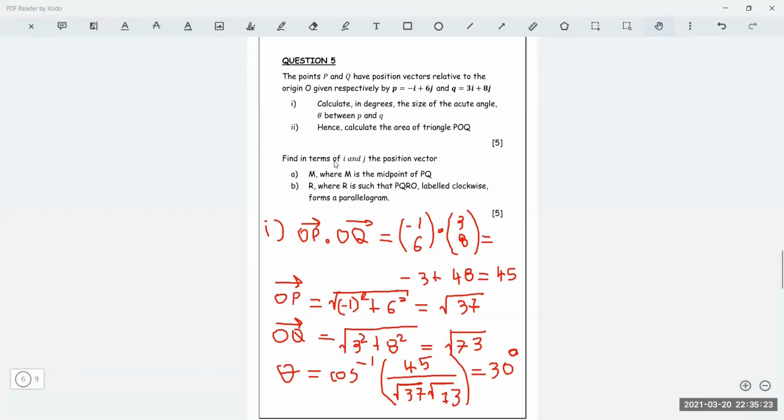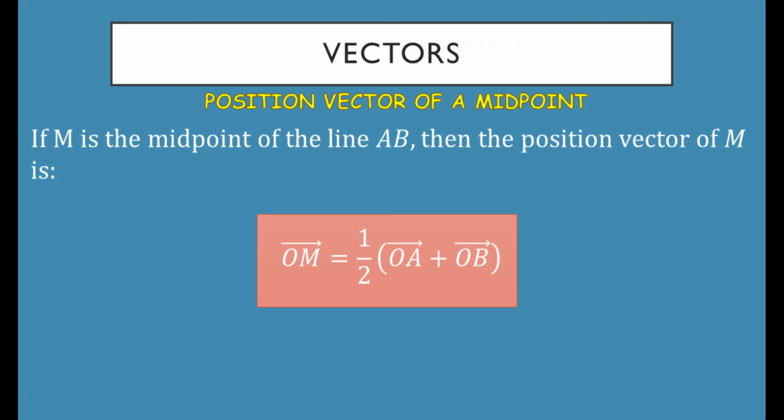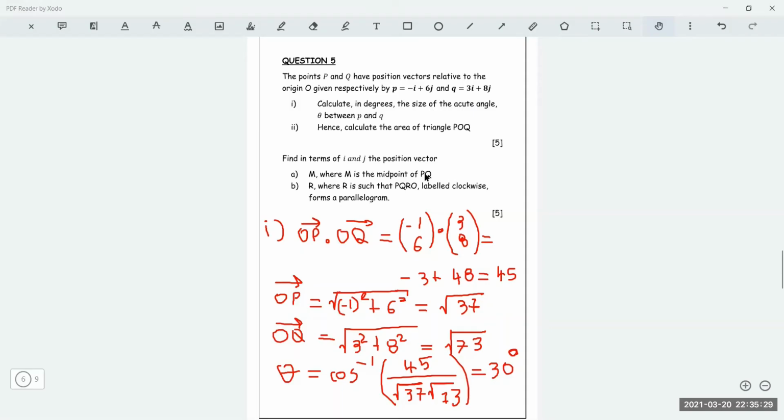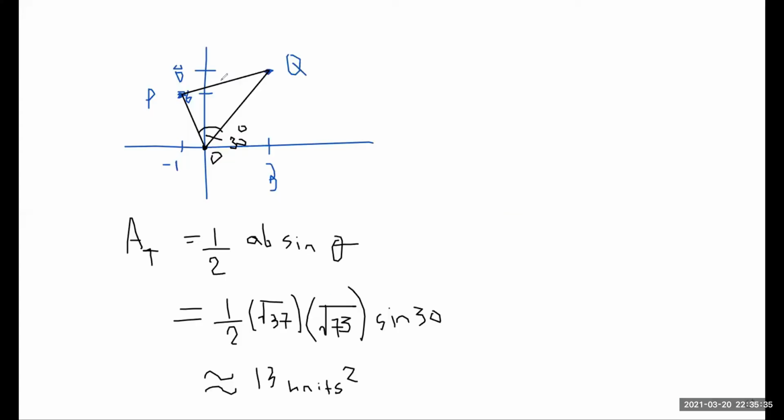Let's say find in terms of i and j the position vector OM, where M is the midpoint of PQ. So M is somewhere right there.